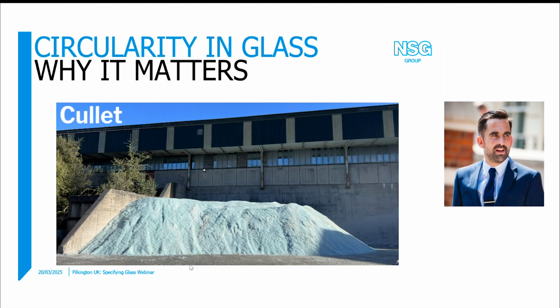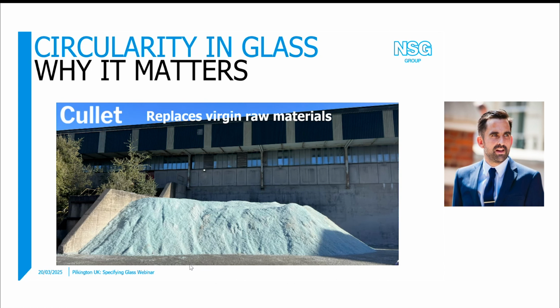So cullet is an old term used in glass manufacturing. Cullet is essentially what you can see in your picture there. It's the waste glass that's collected and turned into small little granular bits of glass to be reintroduced back into our float line. It's considered the glass maker's most valuable raw material because it replaces virgin raw materials.